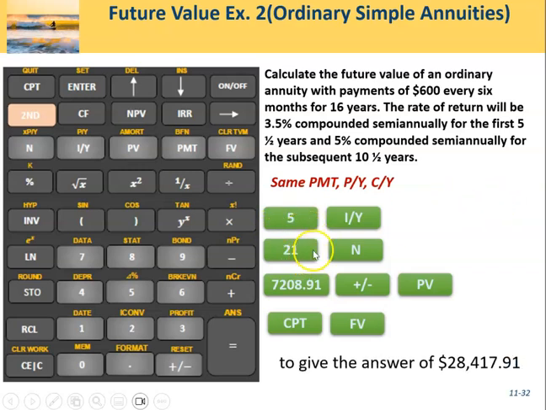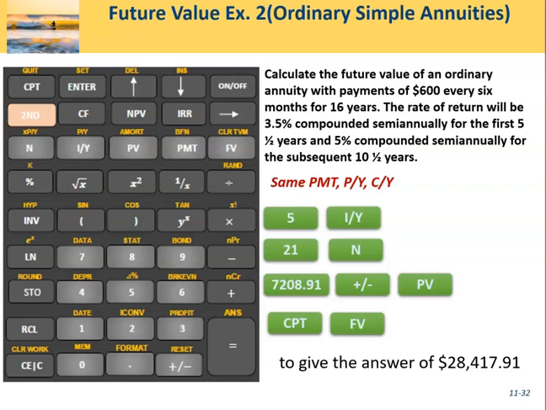We have 21 N, and the reason it's 21 is because it's 10.5 years multiplied by 2 because of the semi-annual. And now remember, because we're now in the second half, we're starting with something, right? Because we've already accumulated in the first 5.5 years, we've accumulated 72.0891. So we need to put that in as our present value.